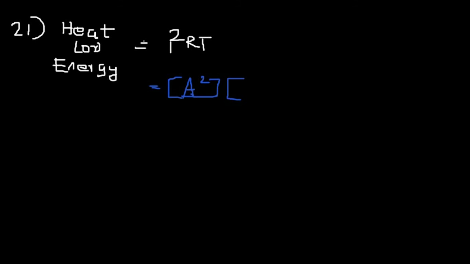So the dimensional formula for resistance is M L squared T power minus 3 A power minus 2, and this is multiplied by time, which is T. Here you can cancel out this A squared and this A squared.